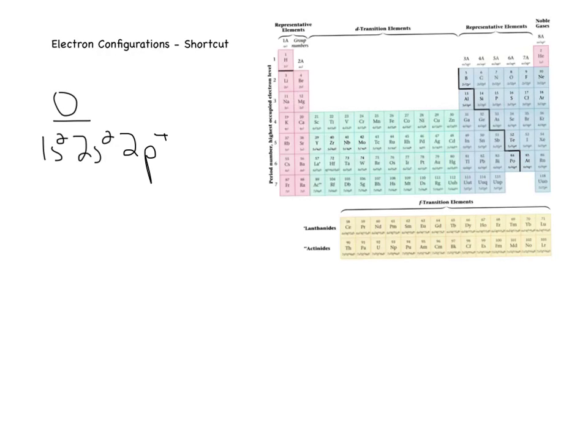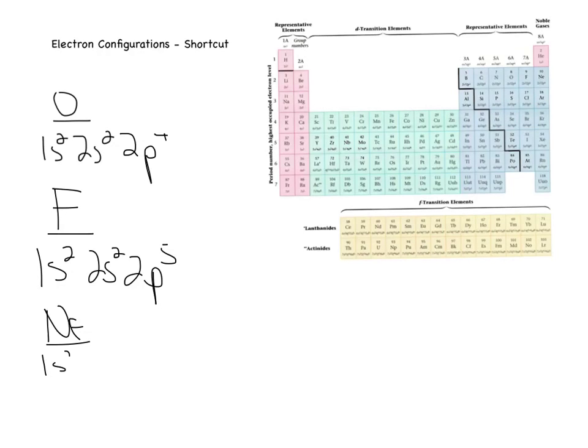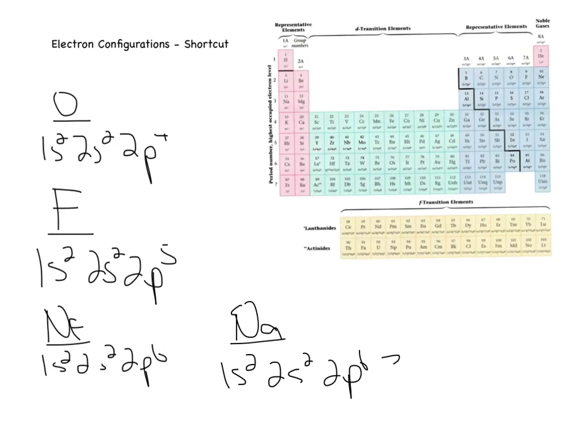Fluorine would be 1s2, 2s2, 2p5. If we were to write neon out, it would be 1s2, 2s2, 2p6. And finally, sodium, Na, would be 1s2, 2s2, 2p6, 3s1.